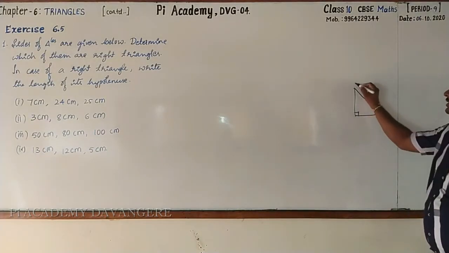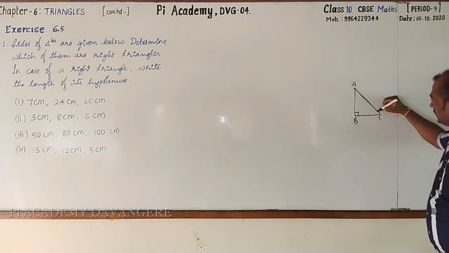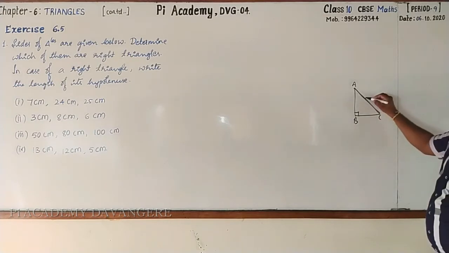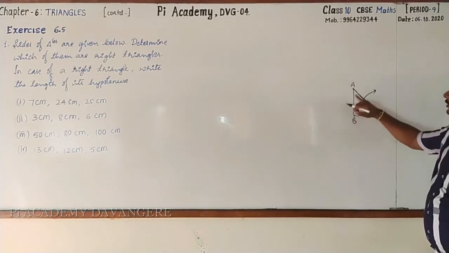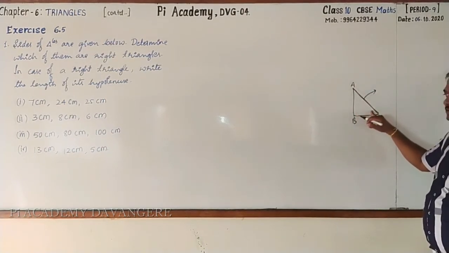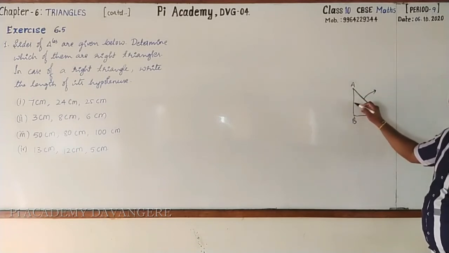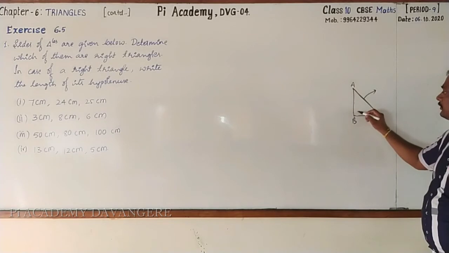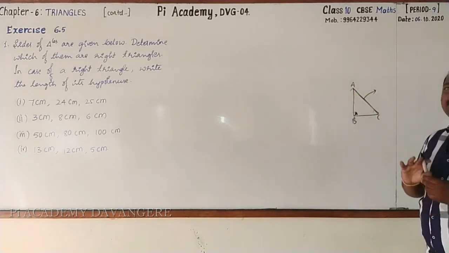See that this is the right triangle ABC, in which AC is the hypotenuse. If in any triangle the square of the hypotenuse is equal to the sum of squares of the other two sides, then the angle opposite to the first side is 90 degree, and you can call it a right triangle. Very simple.